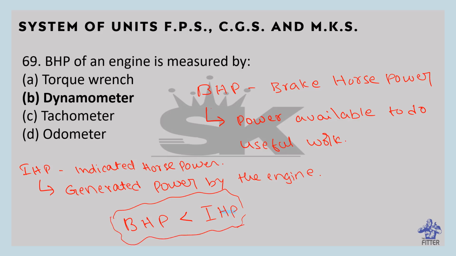So the IHP formula is BHP plus FHP. By looking at this formula, you may know that indicated horsepower is greater than brake horsepower.